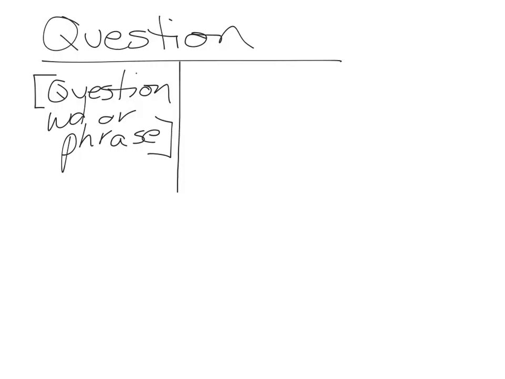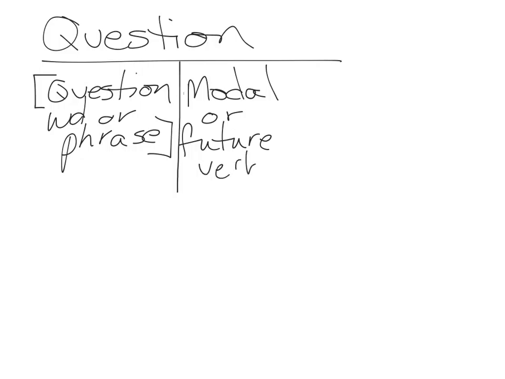Then you have your conjugated verb. So we'll put modal verb in there, and that's the thing that you're conjugating. What's going to go right after that?